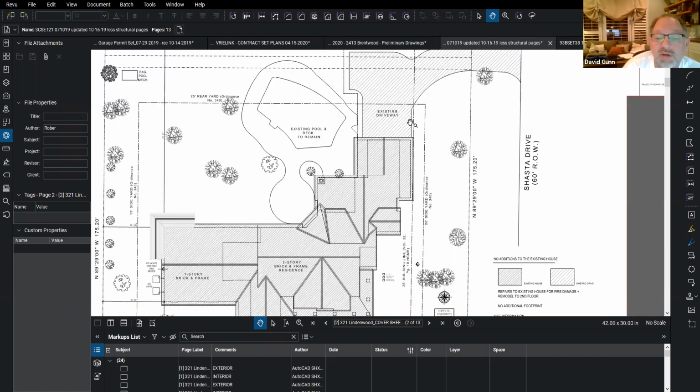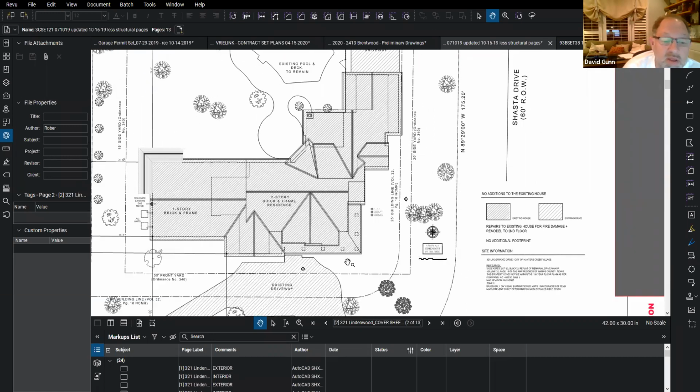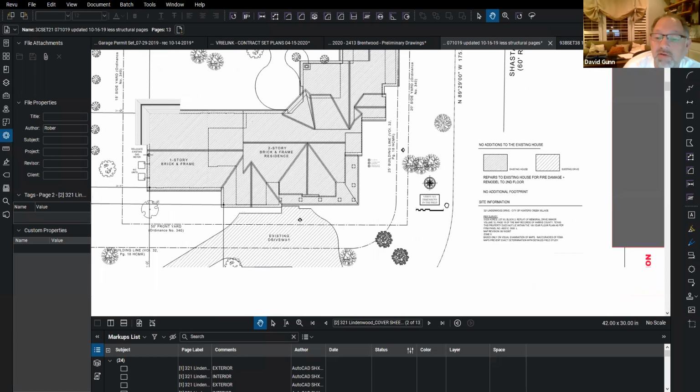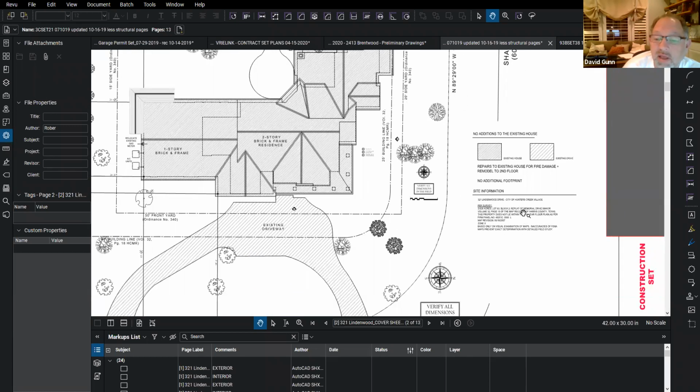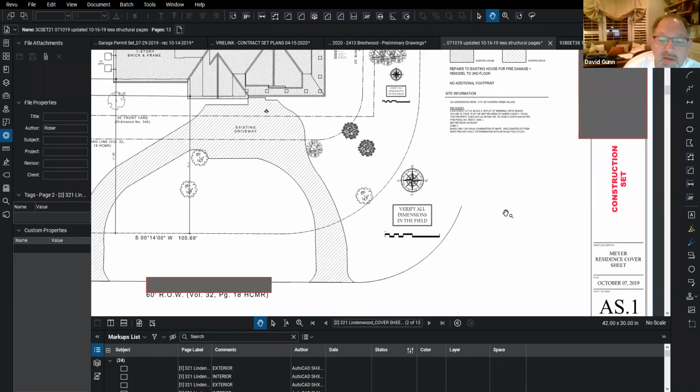Again, more driveway shown, side setbacks. And in this case, you see where they noted existing house and existing drive. They have some little key symbols to show different areas on the plan. Again, they list here a legal description of the property so that there's never any question about where the property is.